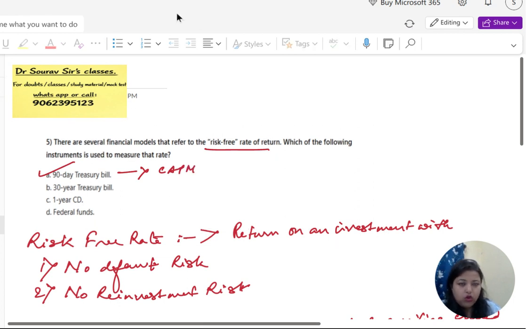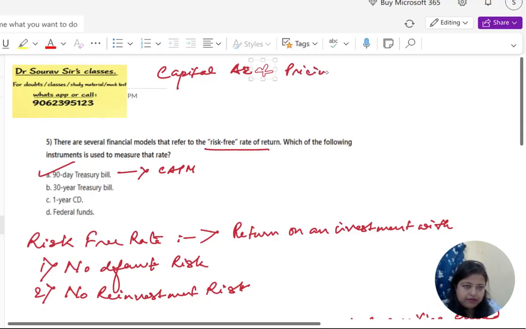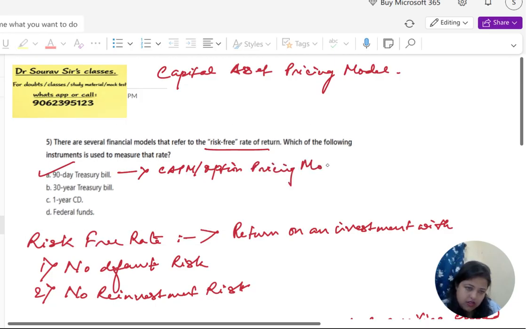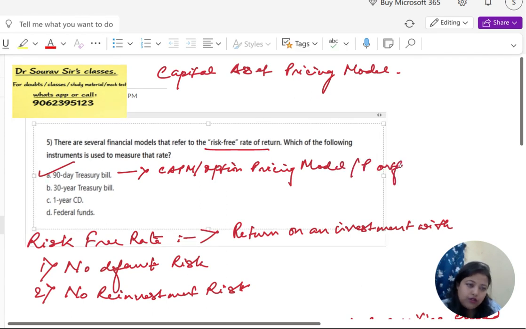I hope you all know the capital asset pricing model. Clear? And there is option pricing model, portfolio theory.